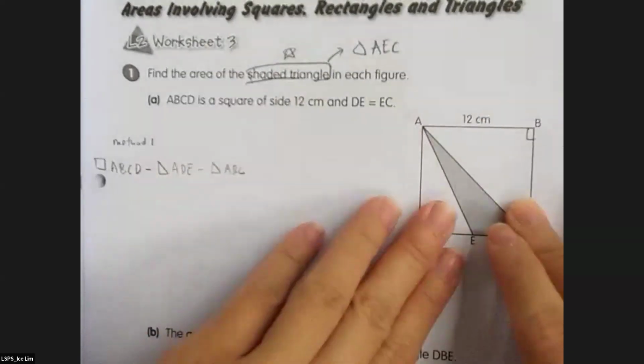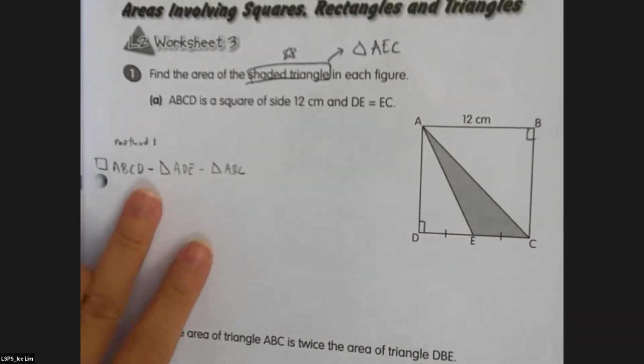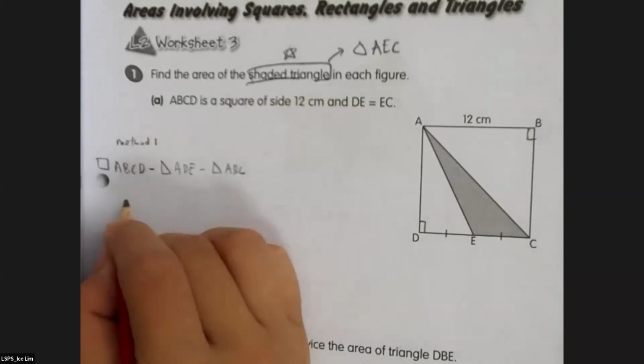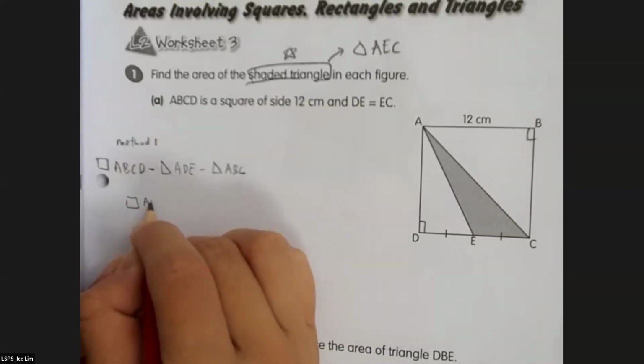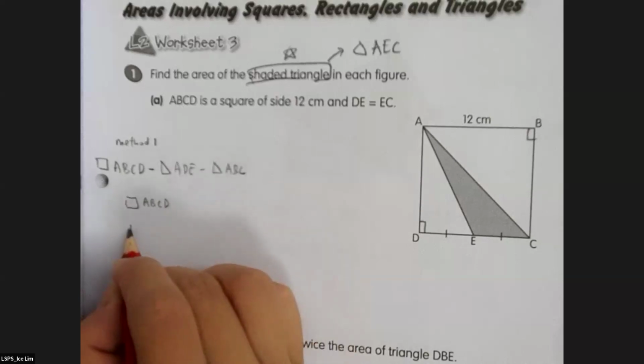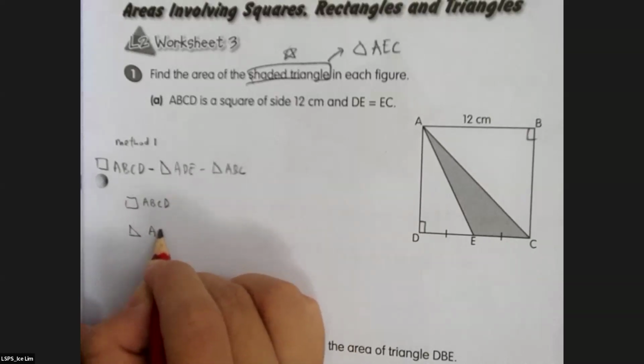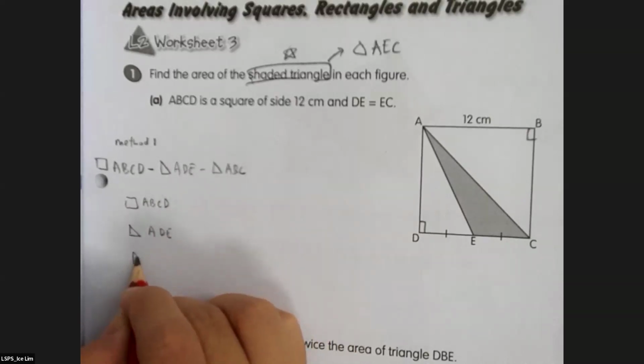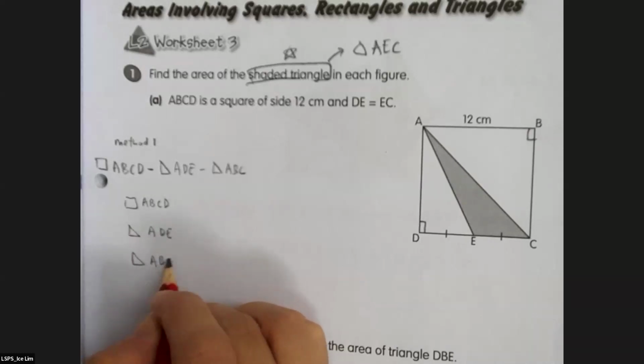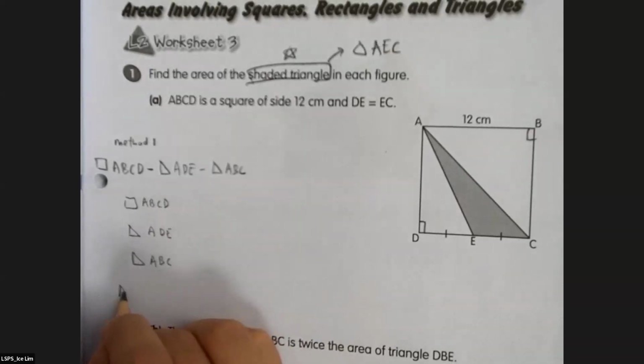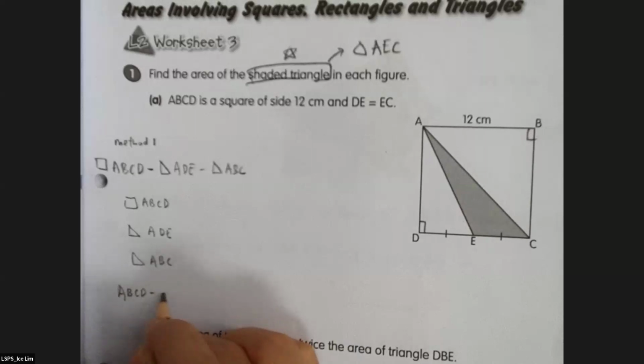That's the first method. But the method will require me to find the area of the square ABCD, the area of triangle ADE, and the area of triangle ABC, which is 3 things to find. Then eventually I use ABCD minus these 2.